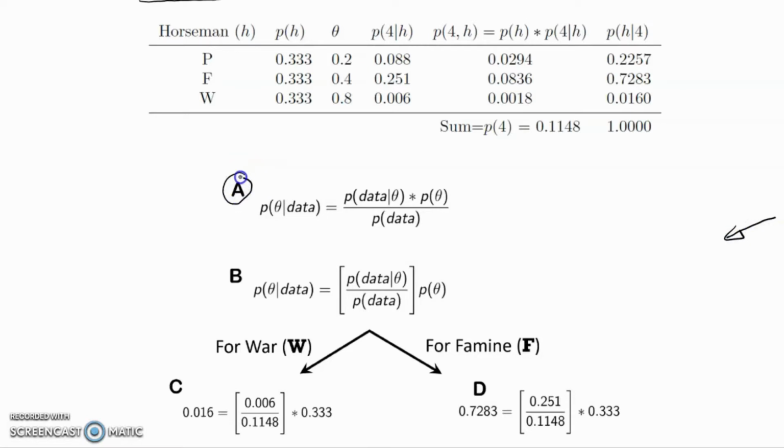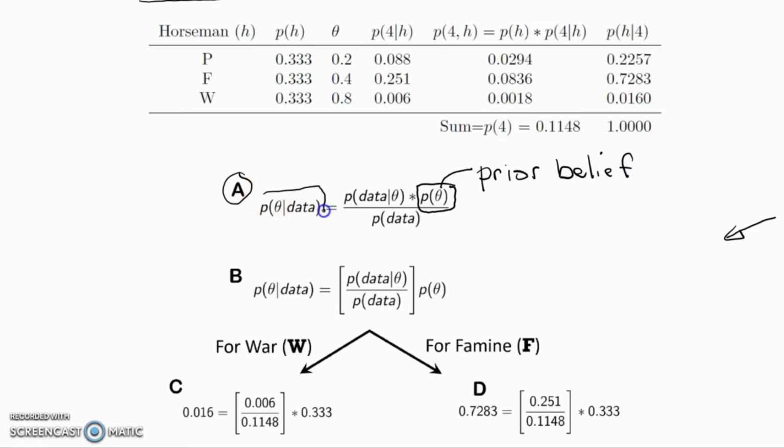So this panel A is extremely important because this is the basic typical expression of Bayesian statistics. And in Bayesian statistics, we're typically going to be focused on theta, which is the parameter of interest. And this expression here represents our prior belief about theta.